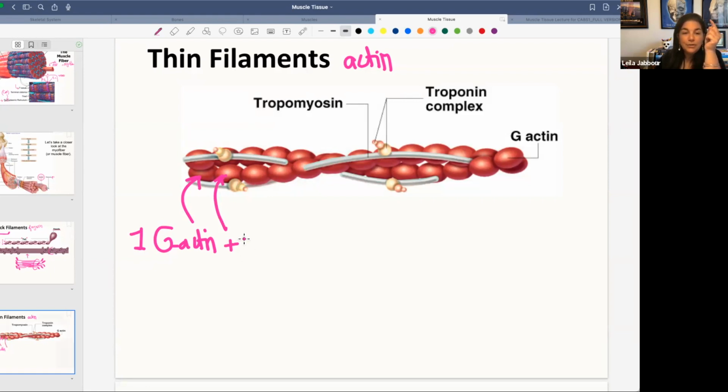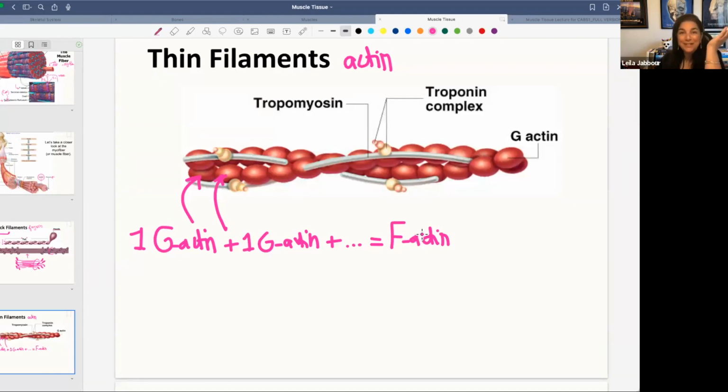So plus one G actin plus etc., creates one long F actin. F actin.